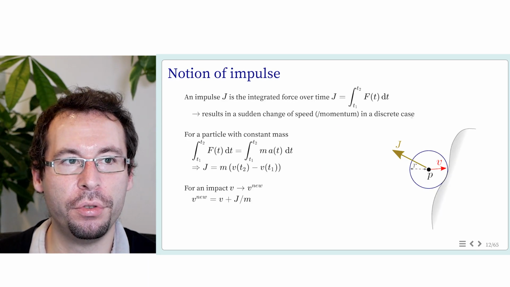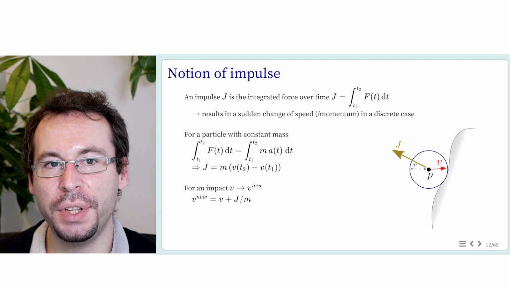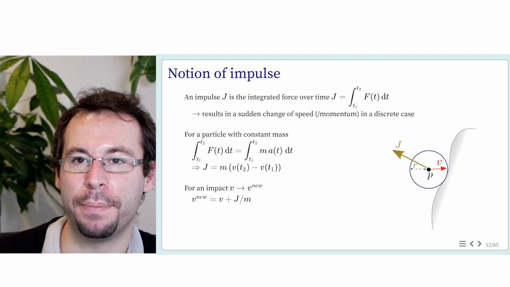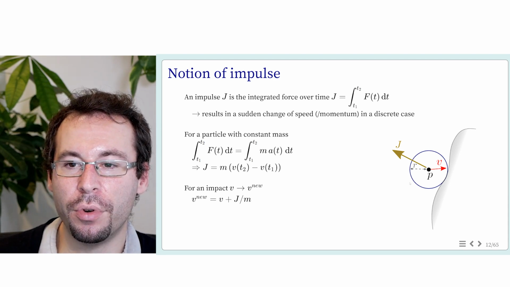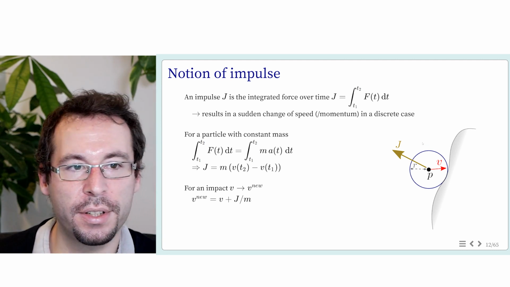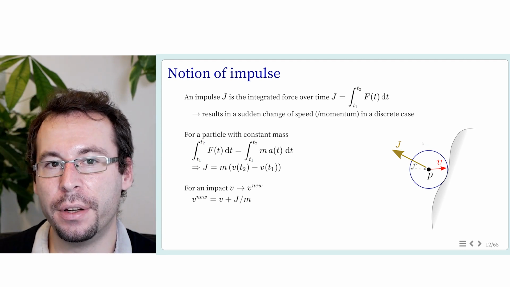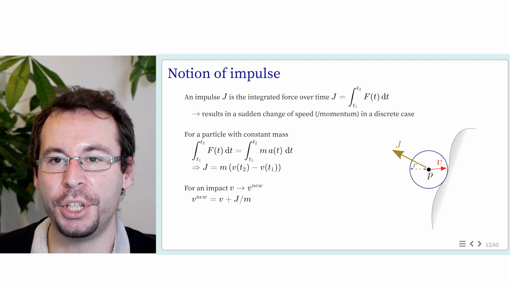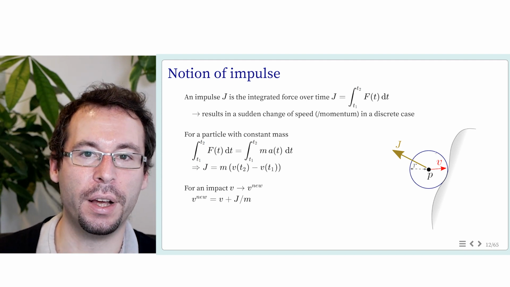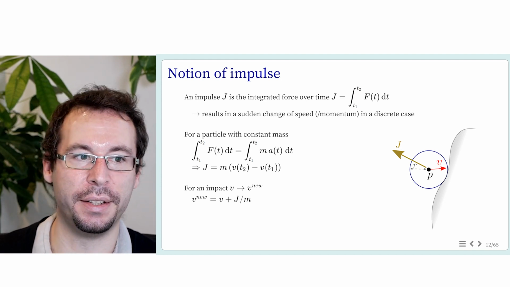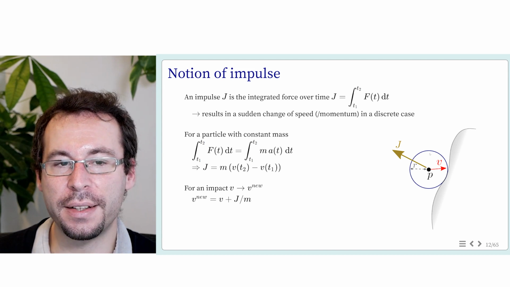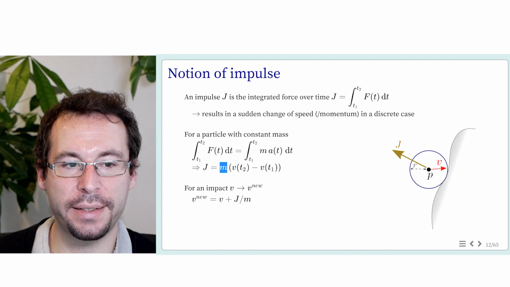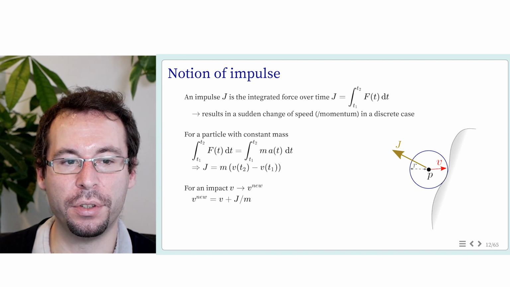And for that, we are going to introduce the notion of impulse. So basically, an impulse is an integral of the force over time. And I can take some small time steps. And this impulse is going to allow me to model a sudden change of speed, or more precisely, a sudden change of linear momentum of the object, in the discrete case, where T1 and T2 are actually only delta T. And so if I have a particle whose mass is constant along delta T, then I can say that the impulse is actually the mass times the difference of speed between the two instants.